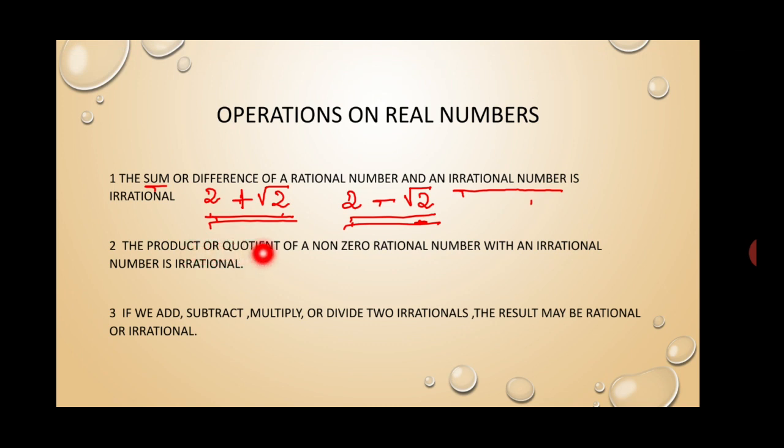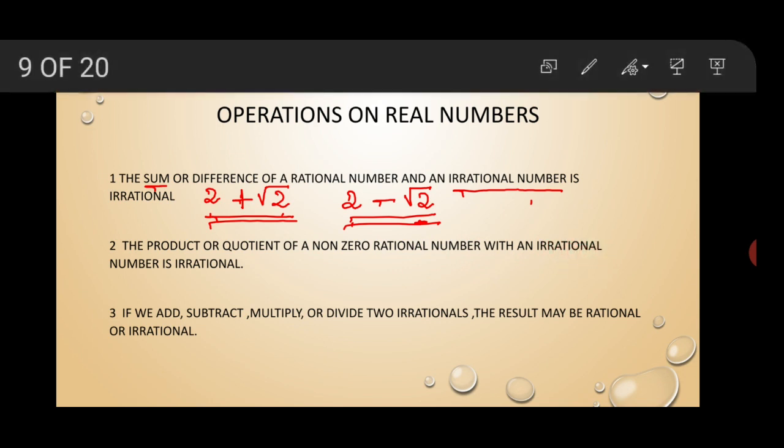Next, number 2, one more rule. The product or quotient of a non-zero rational number with an irrational number is always irrational. Let us see, taking one example, the product of a non-zero rational number with an irrational number.